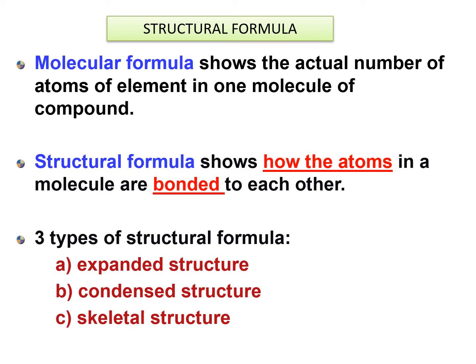Molecular formula shows the actual number of atoms of each element in one molecule of a compound, whereas structural formula shows how atoms in a molecule are bonded to each other. There are 3 types of structural formula, namely expanded structure, condensed structure, and skeletal structure.